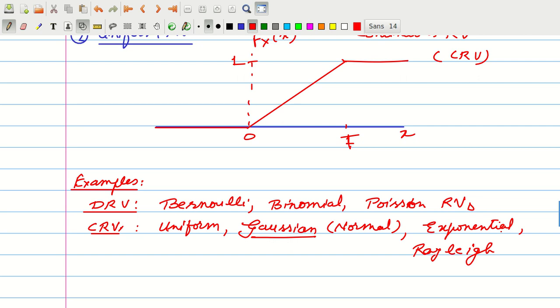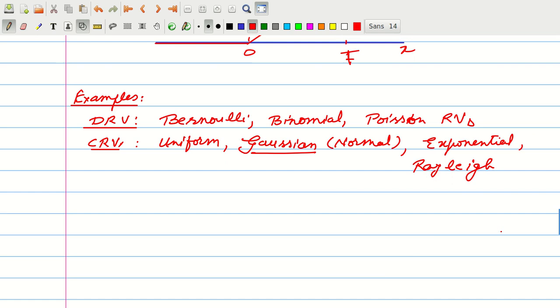There is yet another variant of random variable possible, in which the CDF takes the form of a discontinuous function plus a continuous function. For instance, a CDF which has a staircase part and which also has a continuous part.